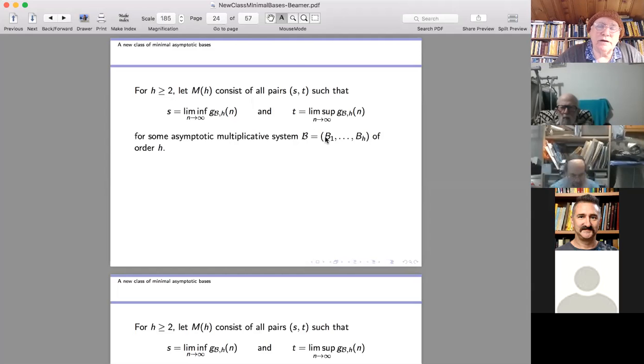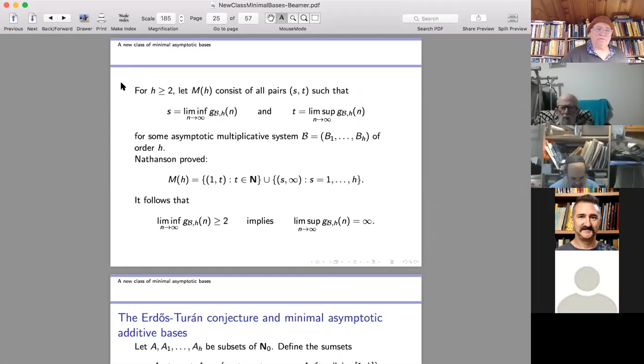For any asymptotic multiplicative system, let S be the lim inf of the representation function. So if it's a multiplicative system, this number is at least 1 for all n from some point on. So the lim inf is some positive integer S, and let T be the lim sup. So a long time ago, I proved the following theorem.